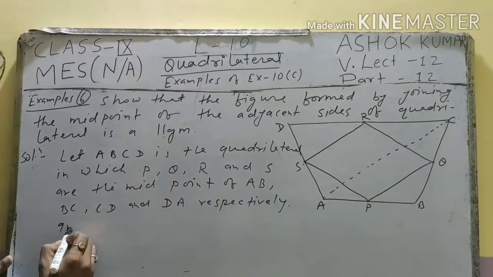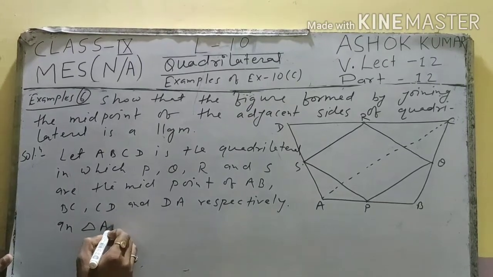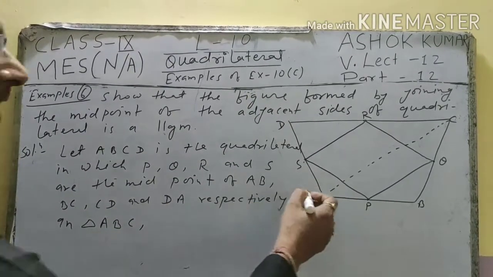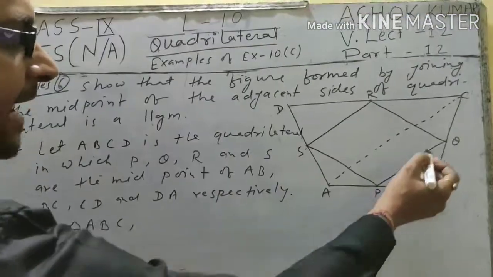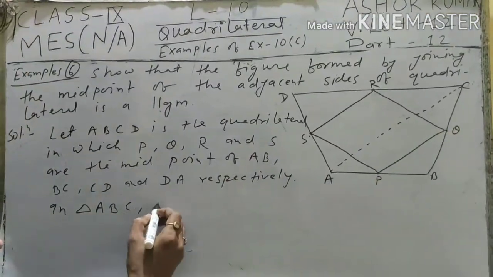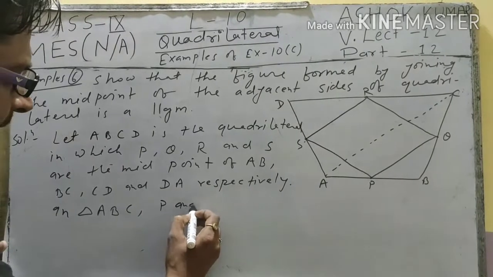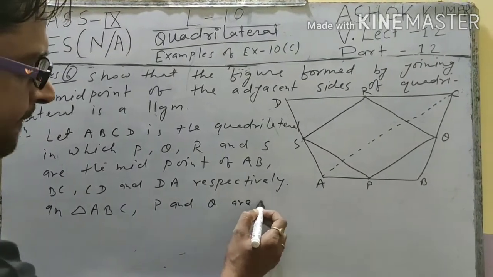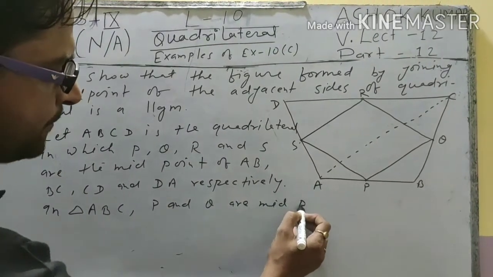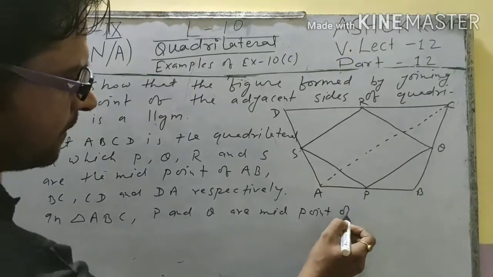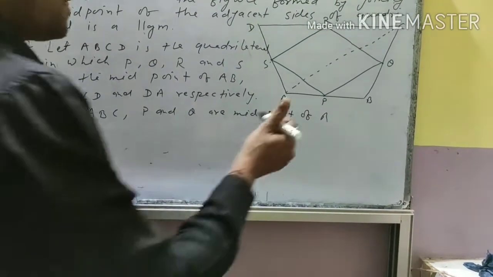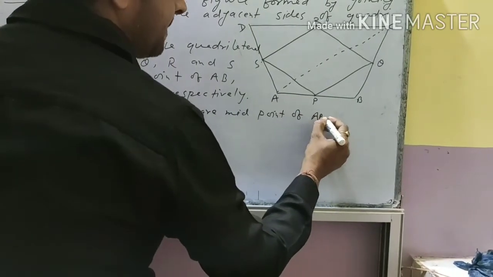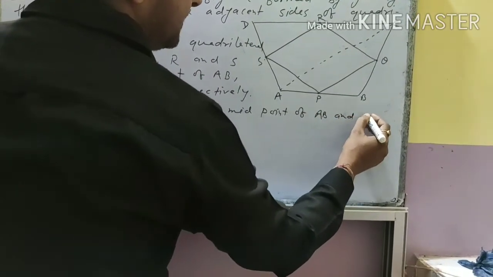Okay, student, look at triangle ABC. In triangle ABC, P and Q are the midpoints of AB and BC.